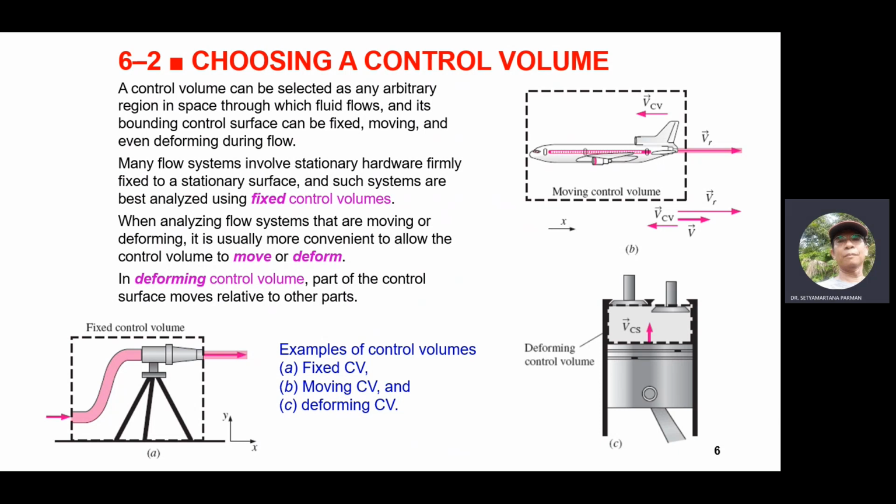Many flow systems involve stationary hardware firmly fixed to a stationary surface, and such systems are best analyzed using fixed control volumes. For example, we can see in this figure, for the system, we select the fixed control volume.